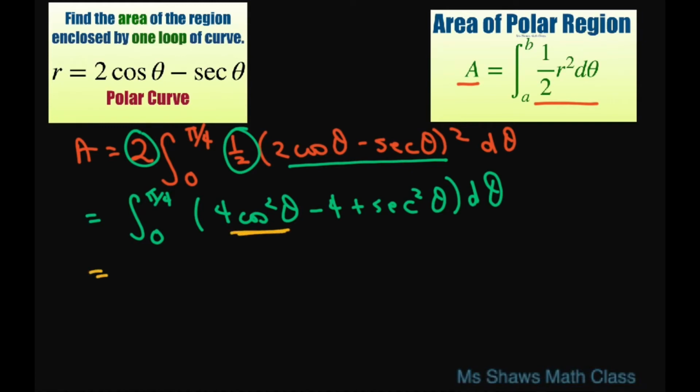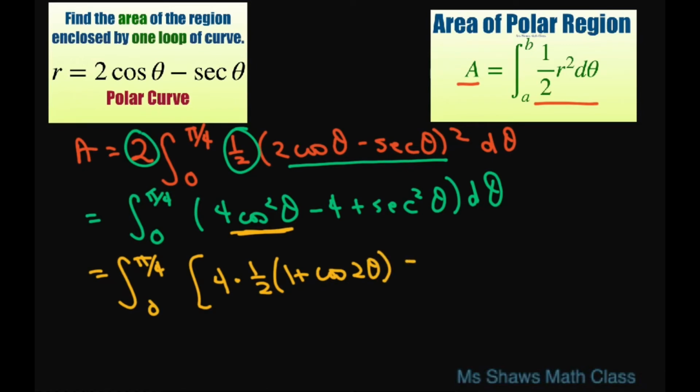So I'm going to get from 0 to pi divided by 4, and I'm going to write this as 4 times, and the identity I'm going to use is 1/2 times 1 plus cosine of 2 theta. It just makes it easier to integrate, and then copy everything else down. d theta.